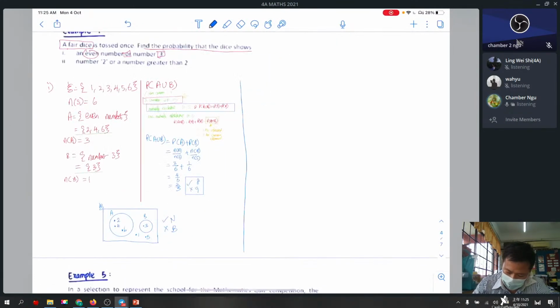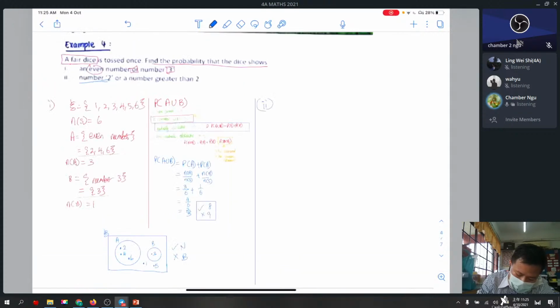So now we try to look at question B. The second one. The property that we get number 2, let's say the number 2 we define it as C. So C is number 2.